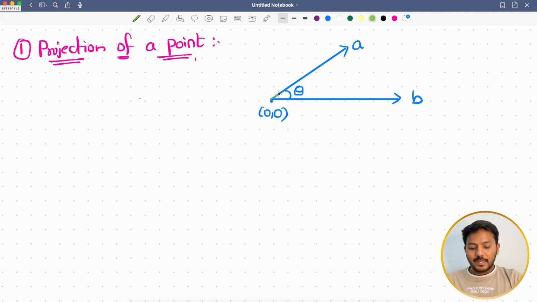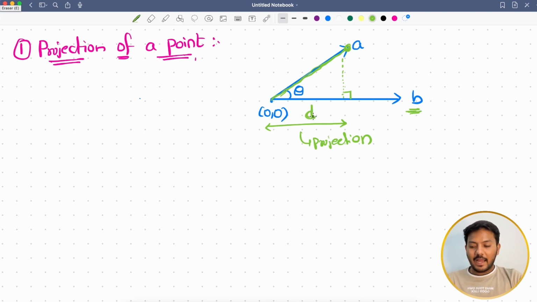So we take this vector A and we perpendicularly draw a line on top of B, and this length is called projection. So basically we call it D, and this D is called projection of a point onto a line called B. And what is the distance of this one? That we will learn in this video.